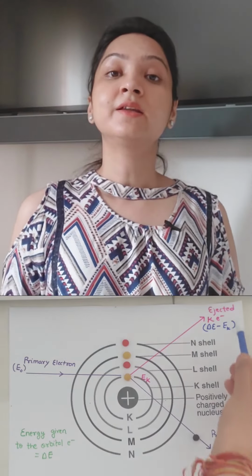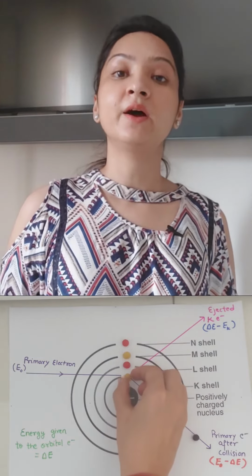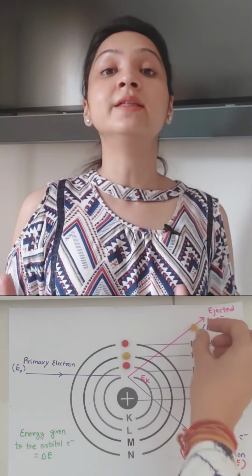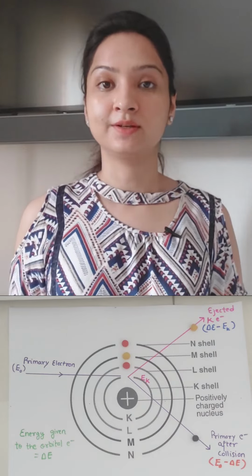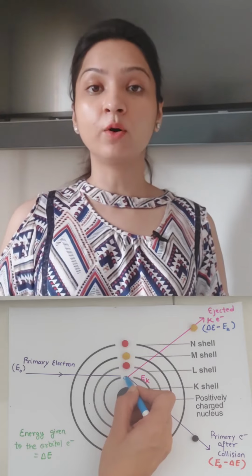That means the rest of the energy, delta E minus Ek, will be carried away by the ejected electron in the form of its kinetic energy. Hence, a vacancy or a hole is created in the kth orbit.